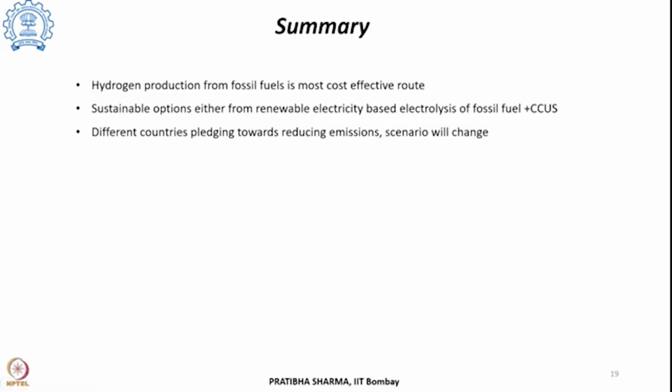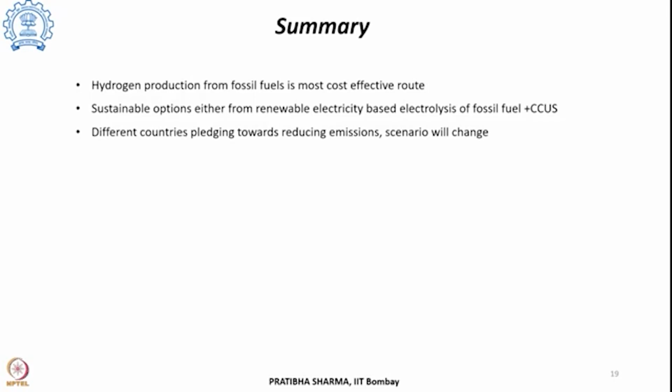Now, to summarize this part, we have seen that hydrogen production from fossil fuel is the most cost effective route for hydrogen production, economical, but it is not a sustainable method. For sustainable hydrogen production, the energy required for producing hydrogen should come from renewables, or it should be produced from fossil fuel with CCUS.